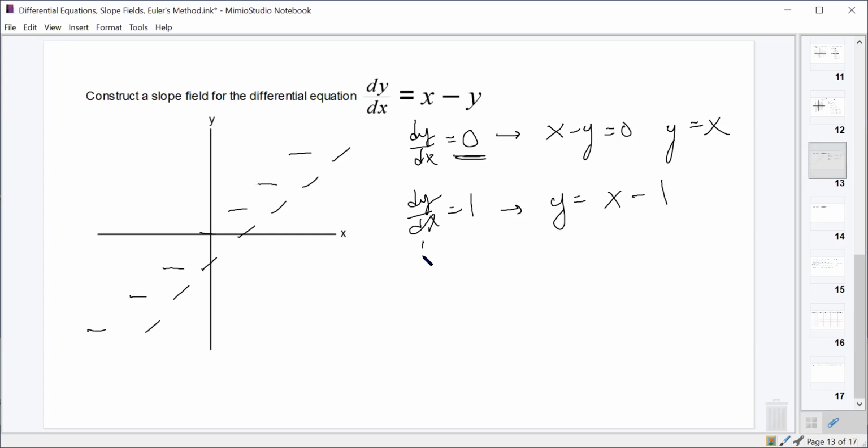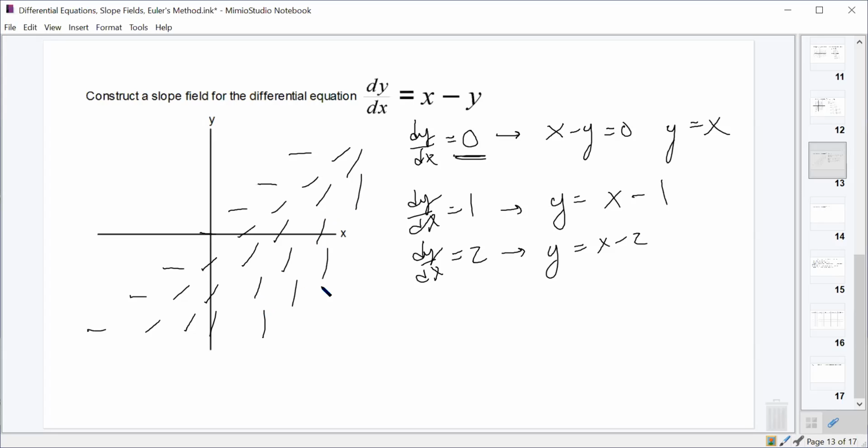And if dy dx is 2, that should be along the line y equals x minus 2. So we'll get a little bit steeper here. Maybe a little too steep.